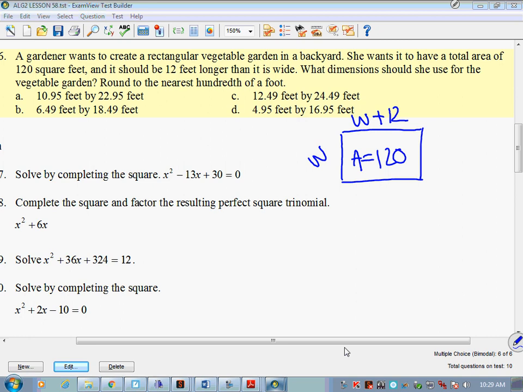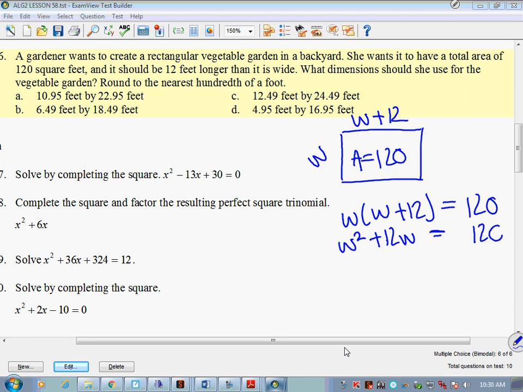Because a rectangle's area is length times width, I'm going to take W times W plus 12 and set that equal to 120. Now I'm going to distribute, so I get W squared plus 12W equals 120. What do I want to do with that 12W now? Divide by 2 and square it.